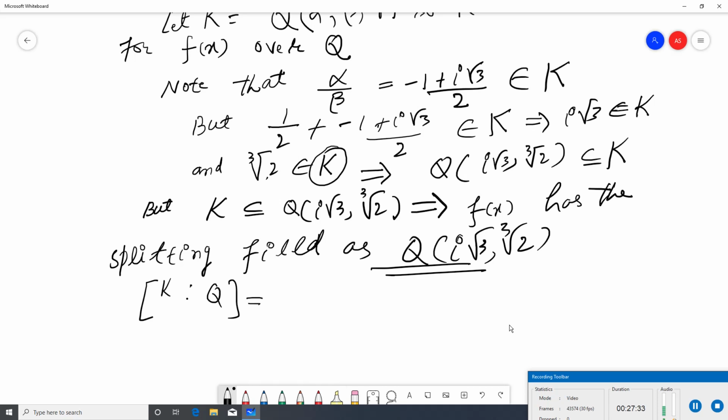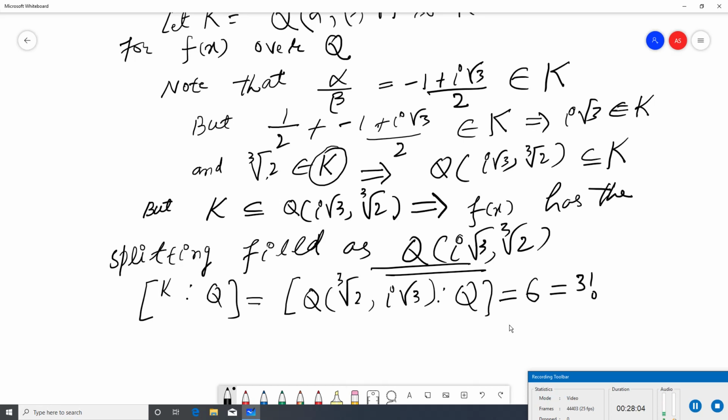This is the degree of extension of Q of cube root 2, i root 3 over Q. If you remember, it is 6. And 6 is 3 factorial.